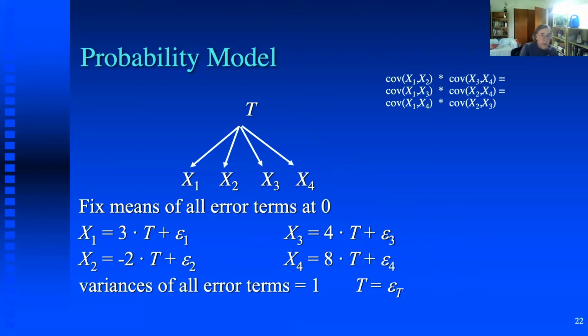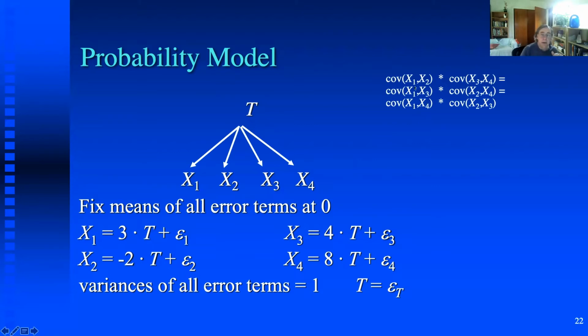The first thing I want to tell you is to understand that if I marginalize T out of this model, well, actually, let's not even marginalize T. Let's just say that if I look at the marginal distribution over x1, x2, x3, and x4 of the set of distributions that I could get out of this graph using these equations, there's actually a non-conditional independence constraint imposed.